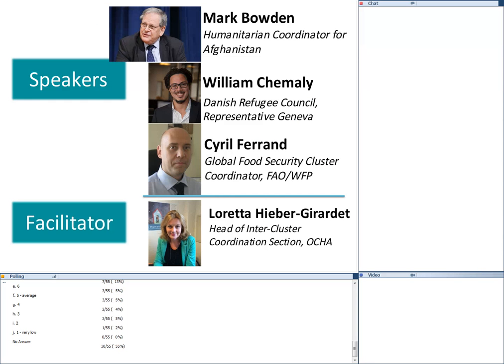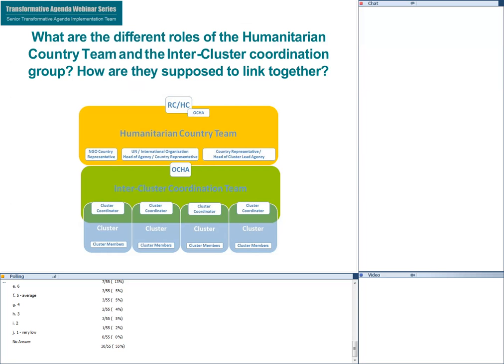Before we get into the substance, I think it would probably be useful if we just reminded ourselves what is meant to be the function of a humanitarian country team, and how does that differ from an intercluster coordination group. So the humanitarian country team, led by the humanitarian coordinator, is the overall strategic and operational decision-making function in a country.